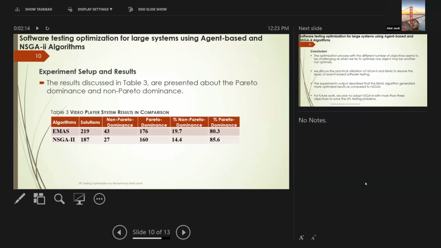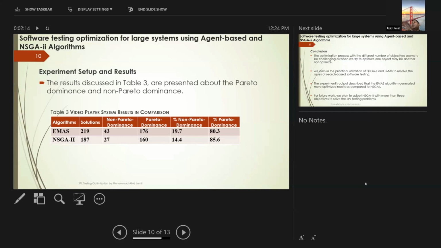EMAS creates 219 solutions, of which 43 are non-dominated, while 176 are dominated. The percentage is 19.7 non-dominated and 80.3 dominated.